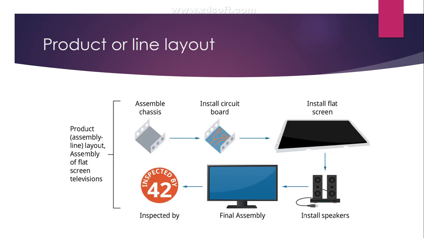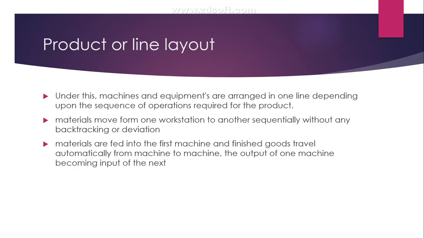I hope we have got an idea what the product line or assembly line layout is. Simple. This is the layout which is derived based on the sequence of operations required for a product. Based on that, machines and equipment are arranged sequentially in order to produce the product.